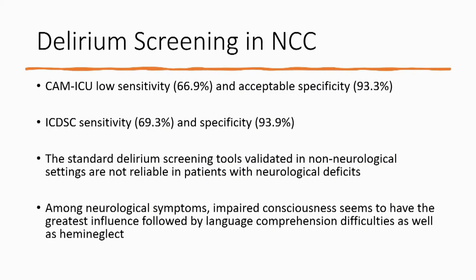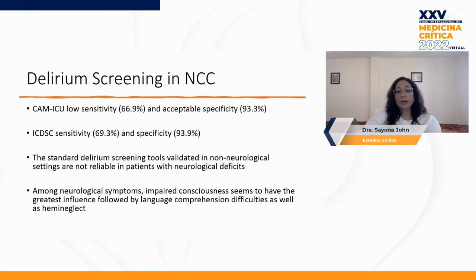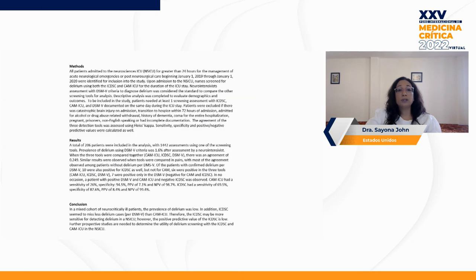And standard delirium screening tools validated in non-neurological settings actually are not reliable in patients with neurological deficits. And most importantly, impaired consciousness has the greatest influence, followed by language comprehension difficulties, as well as time neglect, in making these poor diagnostic tools in a neuro ICU.